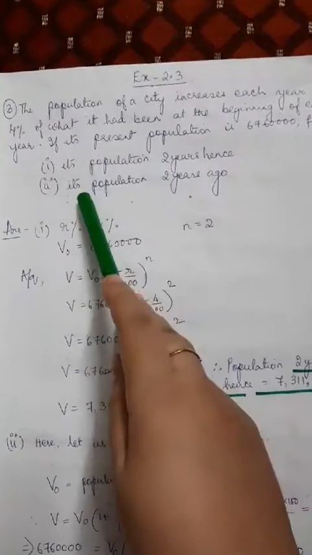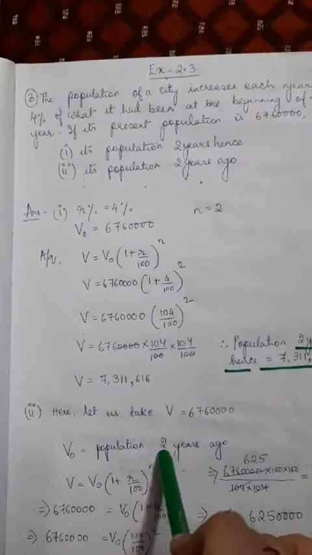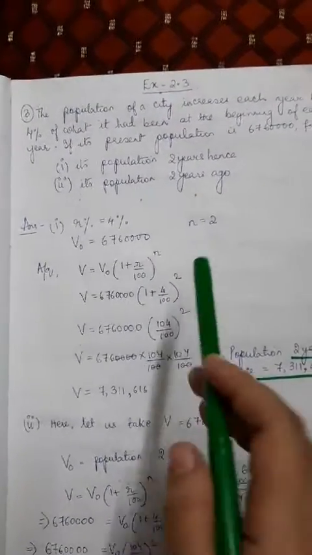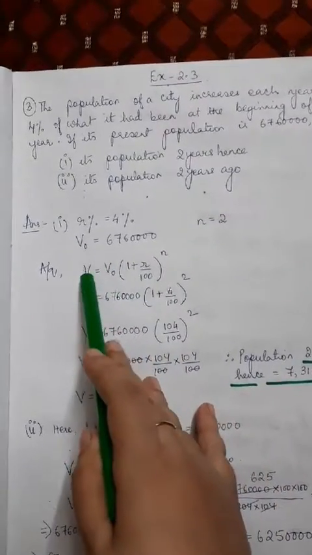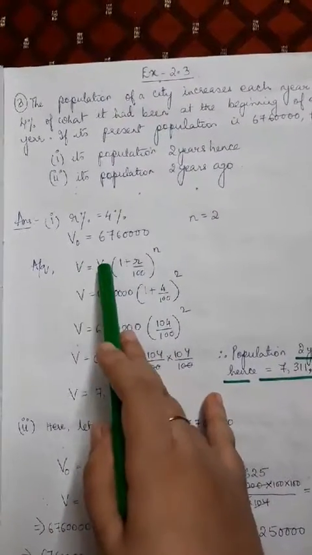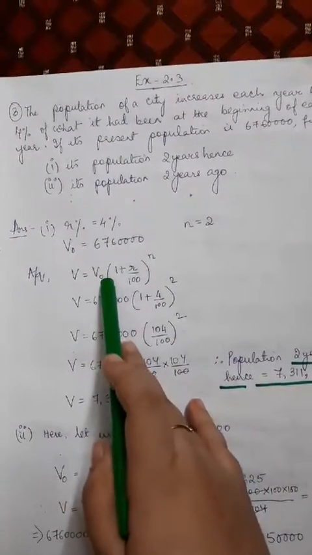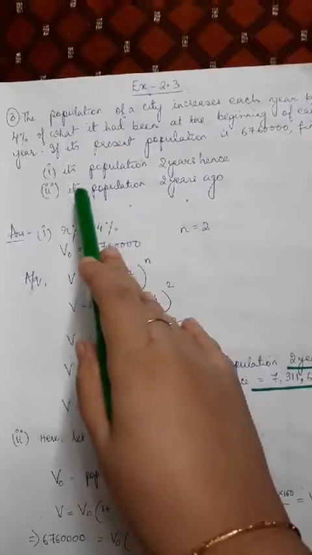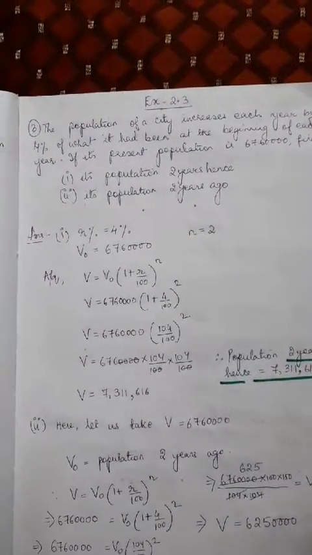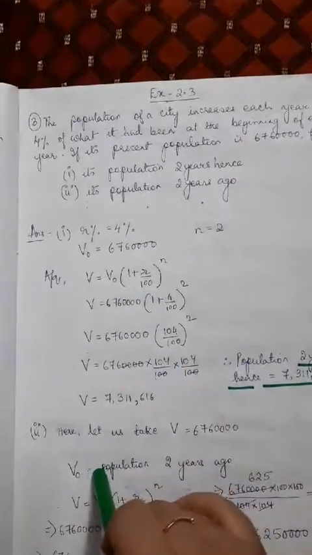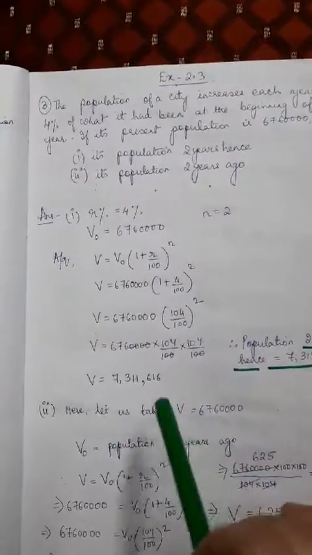In the second part, V0 is the population 2 years ago. So, you have to find V0 out here where V is given. So, interchanging it by the same formula only, but you can use it this way also. Here its population 2 years ago they are asking you to find out. So, V0 is the population 2 years ago and V is the population now.